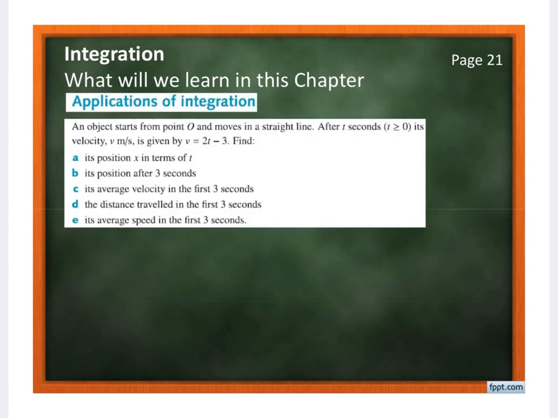An object starts from point O and moves in a straight line. After t seconds, t is bigger than or equal to 0, its velocity v meters per second is given by v equal to 2t minus 3. Find A, its position x in terms of t.